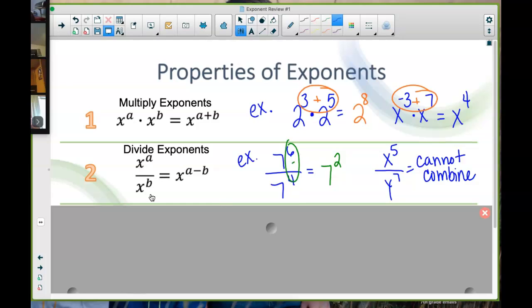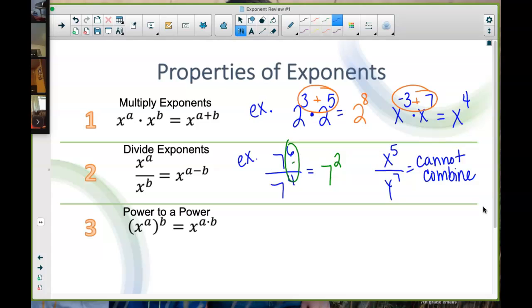If we're dividing, we subtract. If you're dividing exponents, you subtract. And if we have a power to a power, x to the a power to the b power, that's x to the a times b.